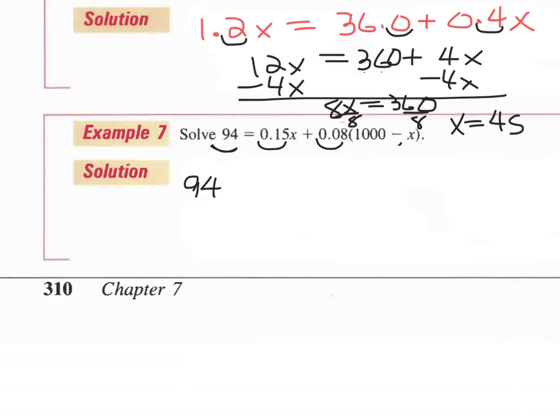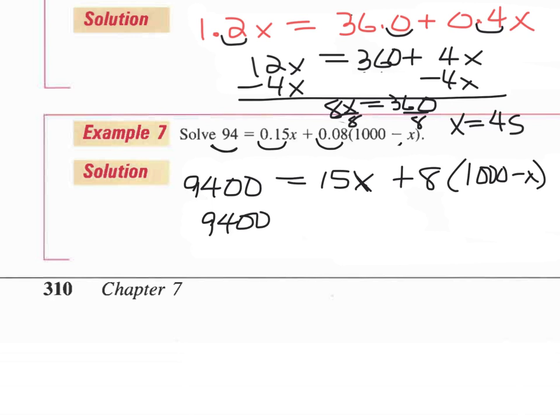So 9,400, 15x, and now this becomes an 8 that I can distribute to the 1,000 and to the x. So 9,400, 15x plus 8,000 minus 8x.